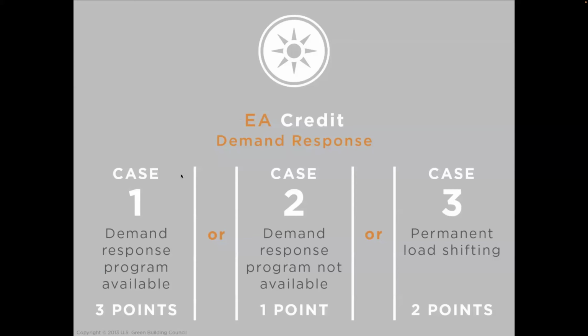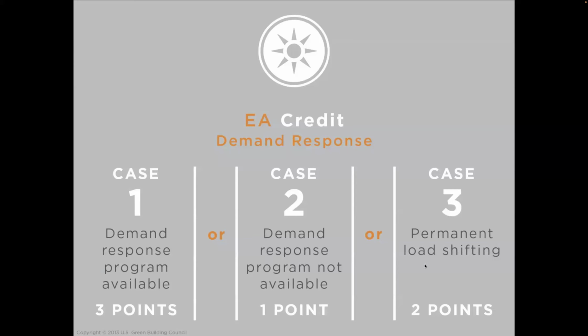So again, you get 3 points if you meet all the requirements in case 2. If demand response is not available, do you have a plan? A lot of times when the grid's about to fail, they'll tell everyone, hey, voluntarily, please turn off your AC, turn off your lights, stop cooking, what have you. If you have a plan, then you get a point for that. Or permanent load shifting.